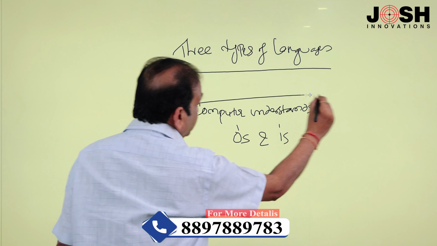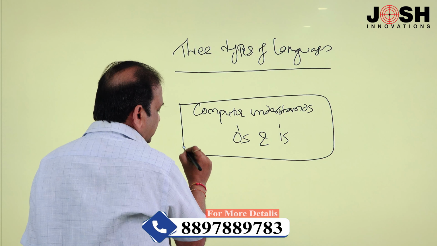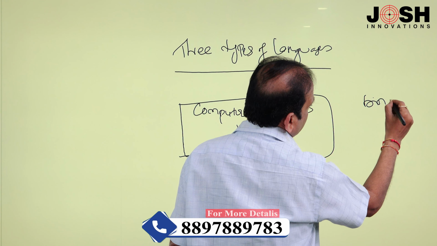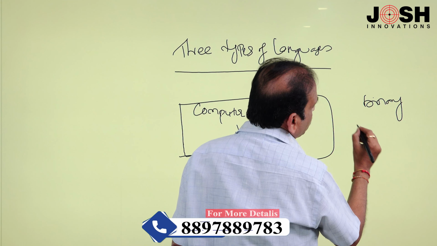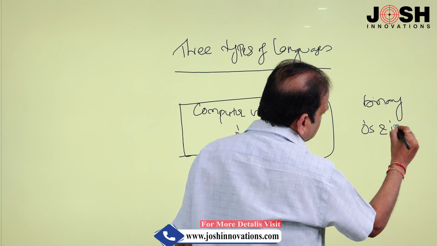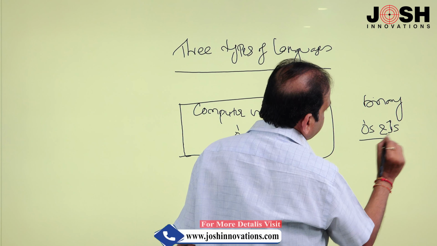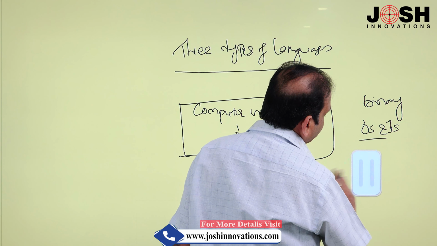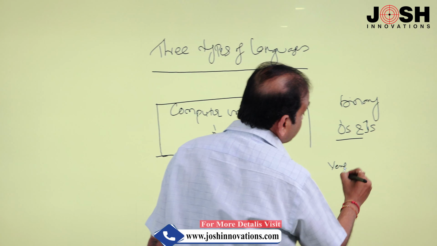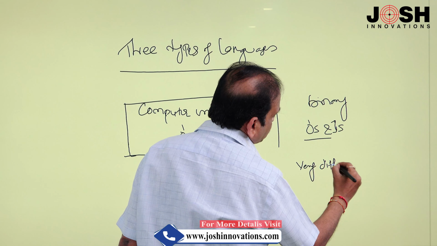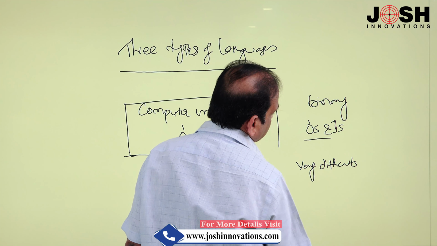In the earlier days when programming languages started, they developed programs using binary, not English. They used to develop programs by using zeros and ones, and it is very difficult to write programs using binary.